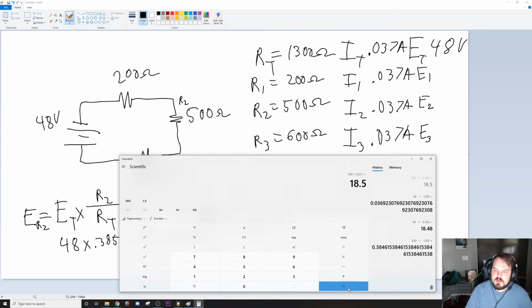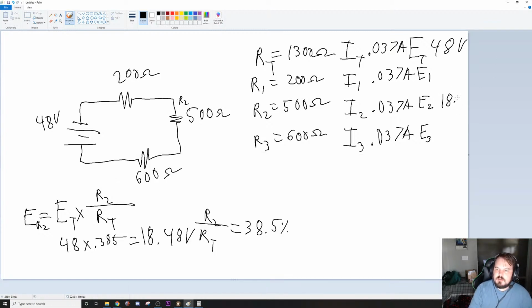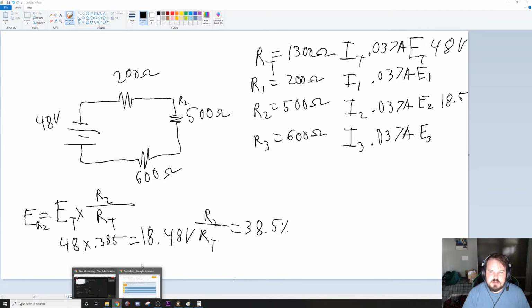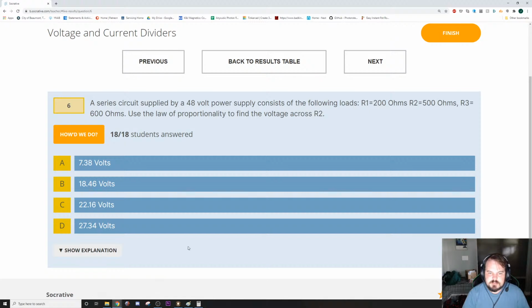Oh, there we go. 18.5. And that's basically the same number. Let's go back to our circuit. So all I did here was work it like a regular series circuit. 18.46. That's pretty close.